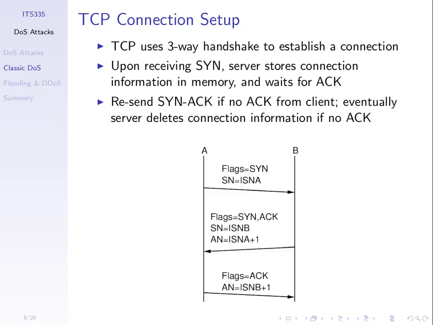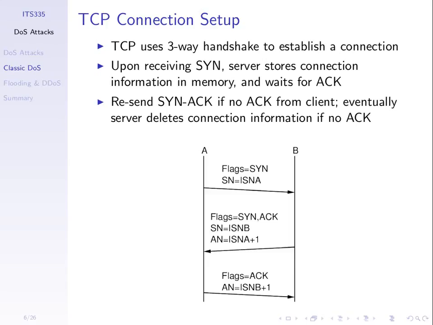After that, A and B can start transferring data using retransmissions where necessary, using buffer and flow control to make sure we don't overflow each other, and so on. The details of the sequence numbers are not so important. That's just how it works.